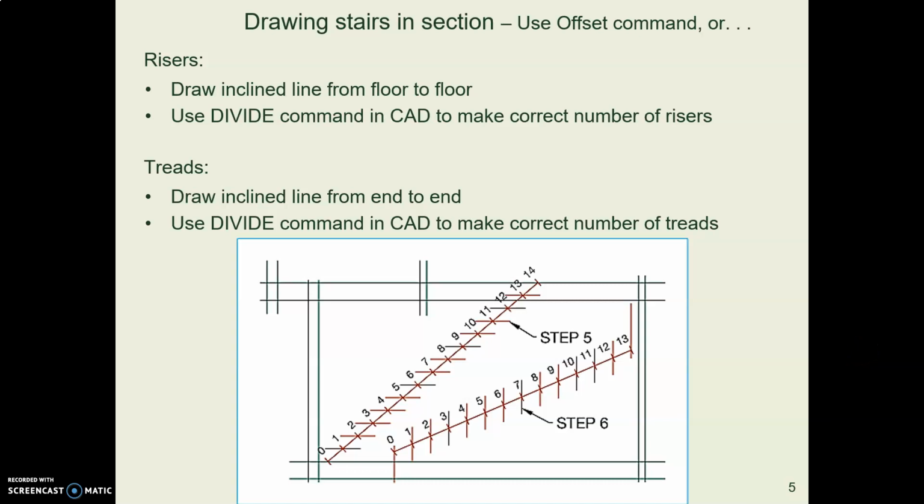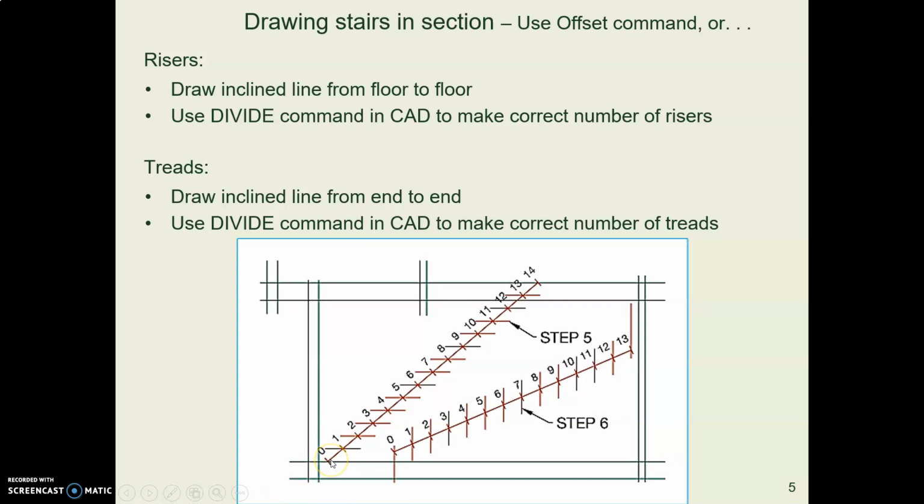You could use the offset command to make steps, and I admit that's what I do. I just go offset, offset, offset. My little pea brain can handle that. But there's a command in AutoCAD called divide that's kind of useful.